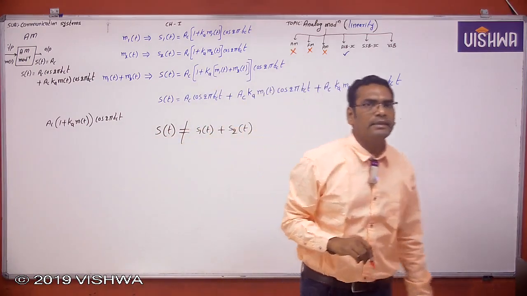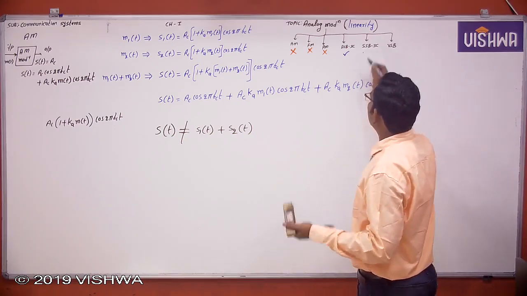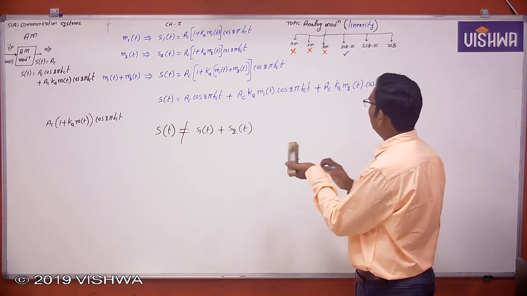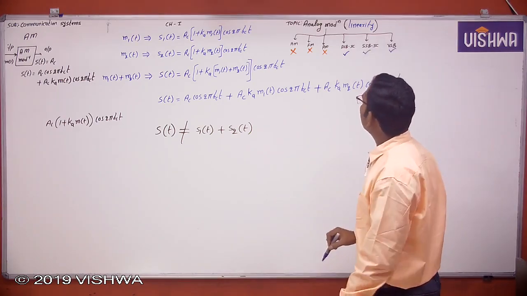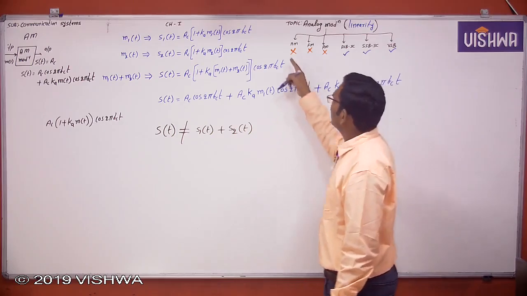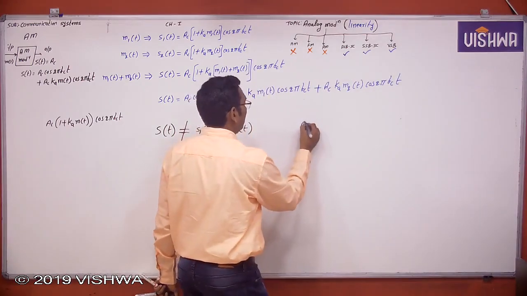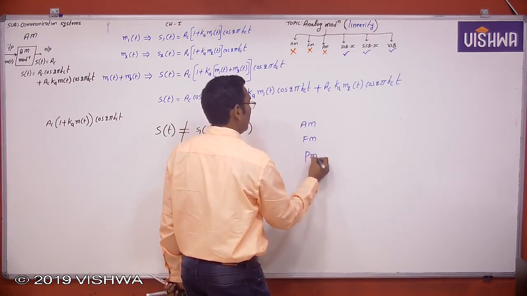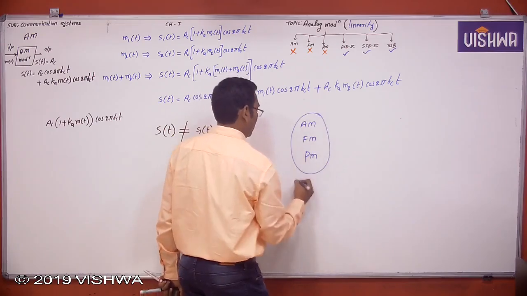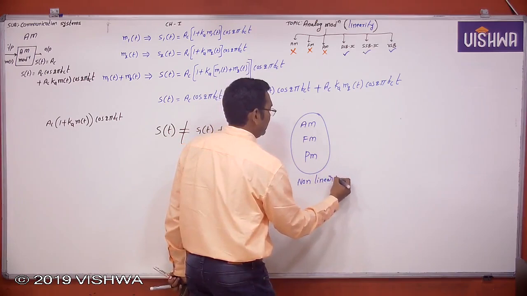Therefore, now the DSBSC, its derivatives. What is the DSBSC? Its derivative. Now DSBSC, SSBSC and VSBSC, all these are the linear modulation techniques, and these three are non-linear modulation techniques. What we conclude finally? AM, FM, PM are non-linear modulation techniques.